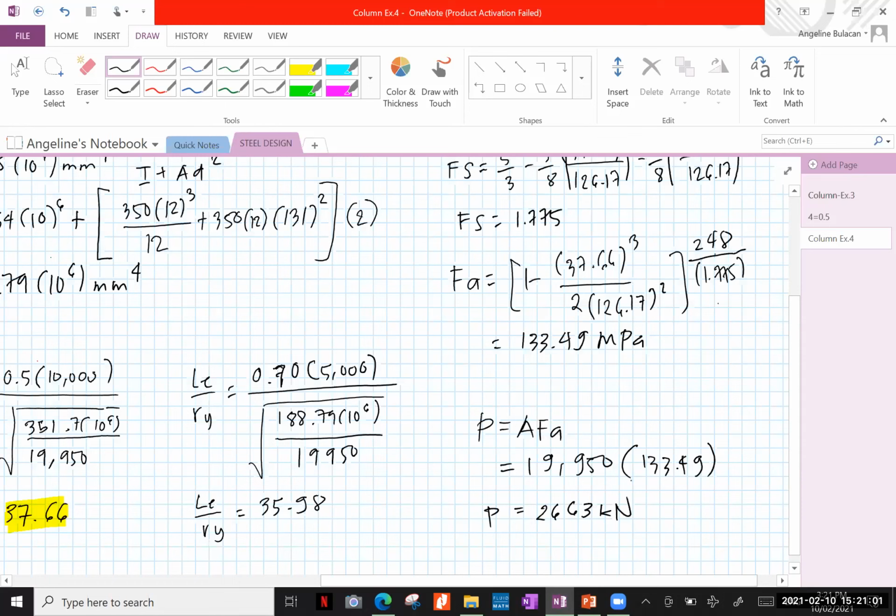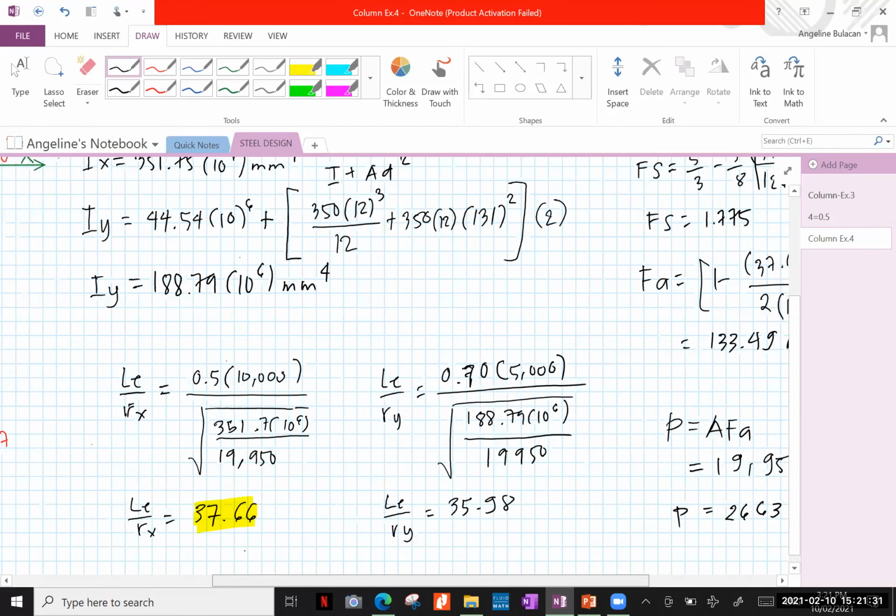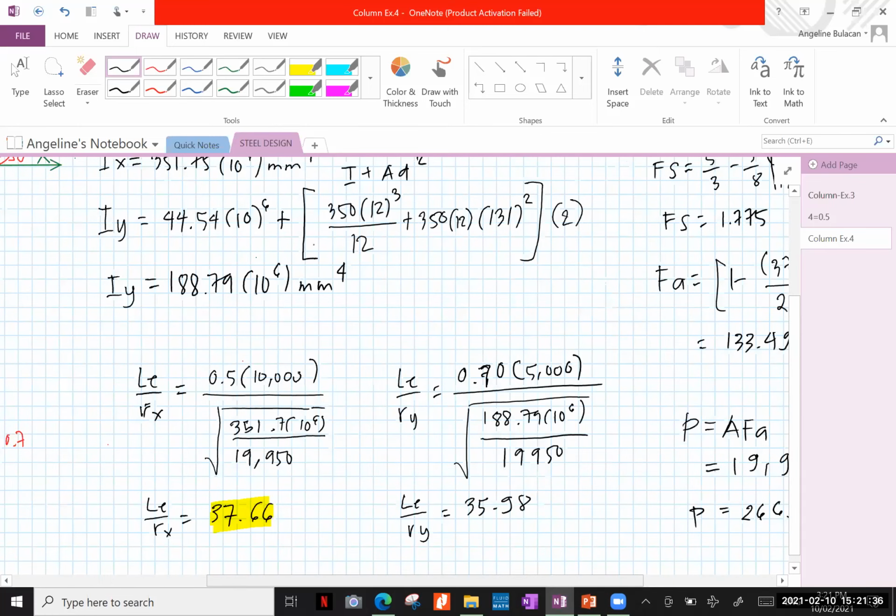Ayan, ito yung actual capacity ng column. So kung mababasa nyo, ang medyo tricky lang na part is kapag yung pagkuha ng radius of gyration or yung slenderness ratio. Pero once naman na naiintindihan nyo yung pag-analyze ng beams, ng columns, especially if they are built-up section, all you need to do is get the r and then get the limiting slenderness ratio and then use the corresponding formulas dun sa short and long column.